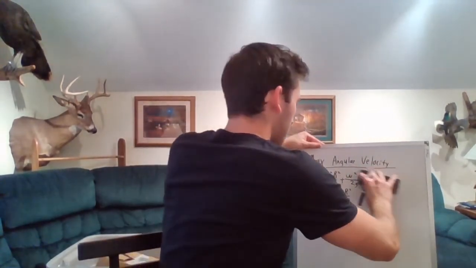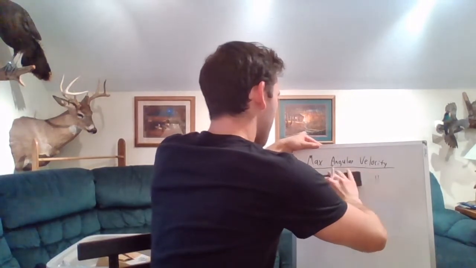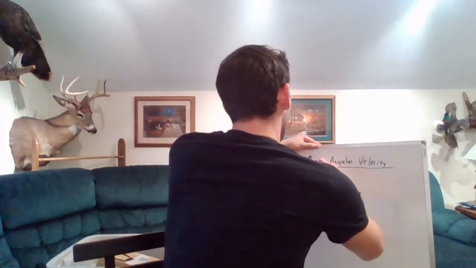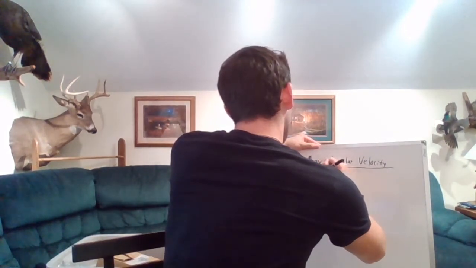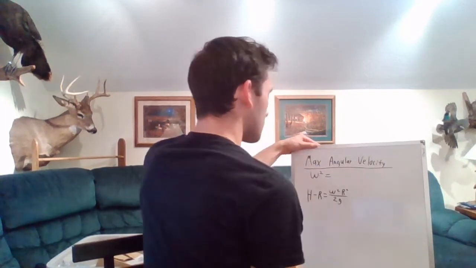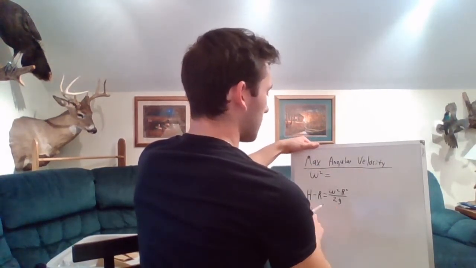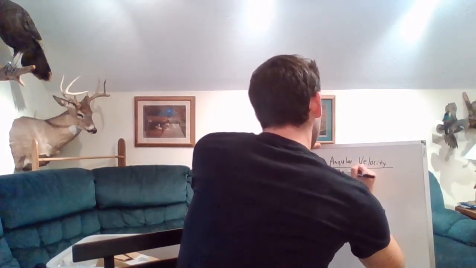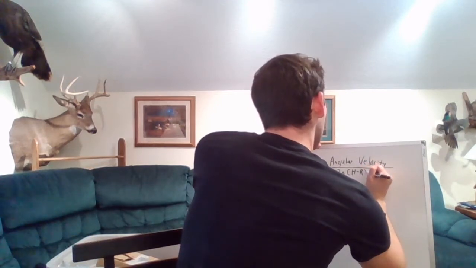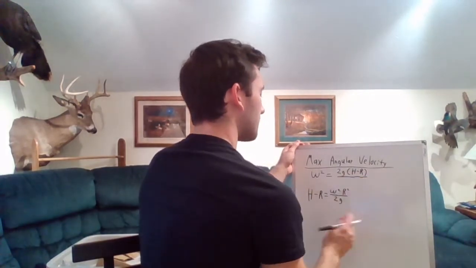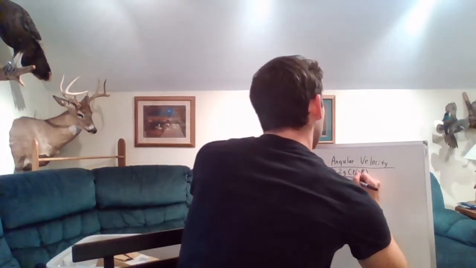So we are going to get w squared equals 2G times H minus R divided by this R squared.